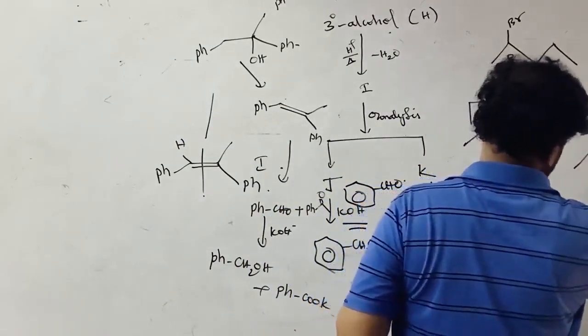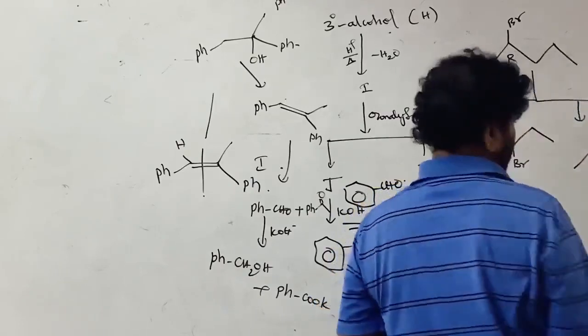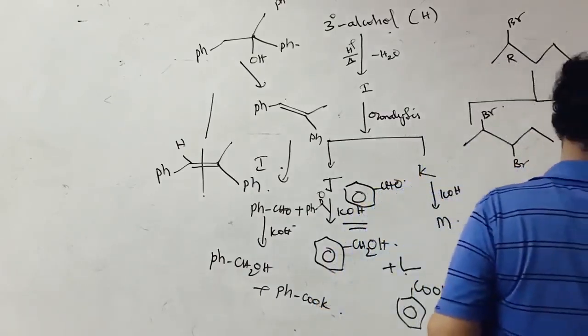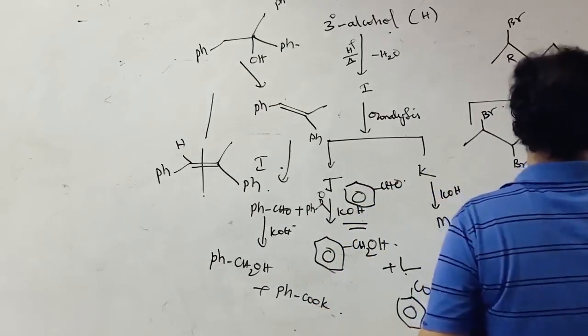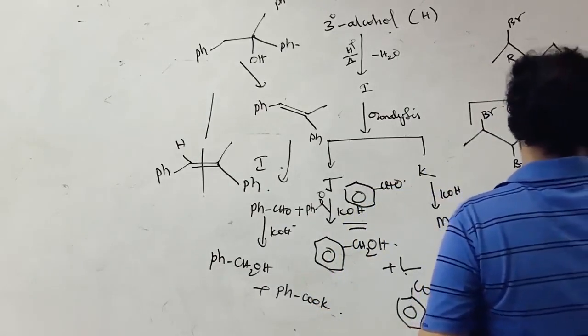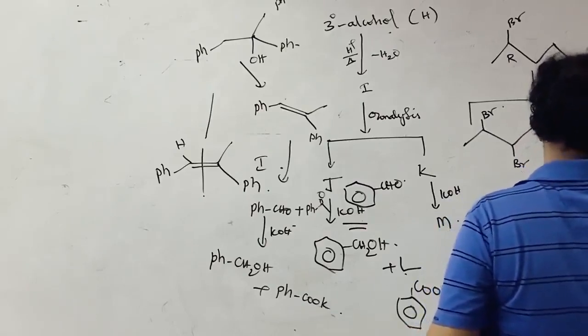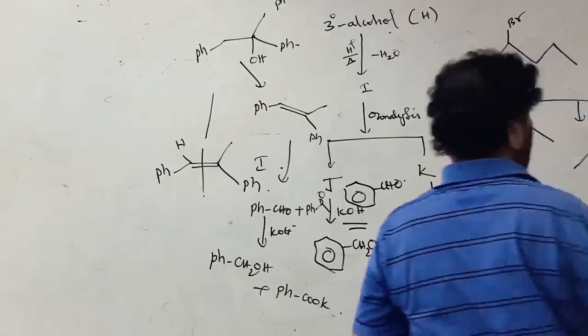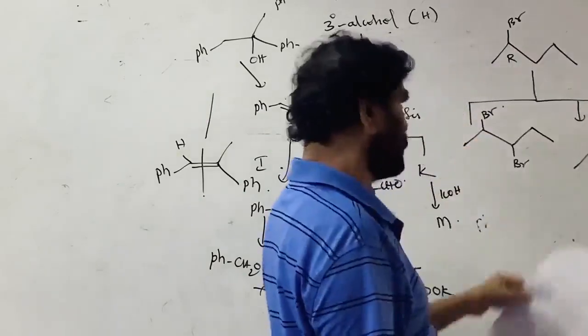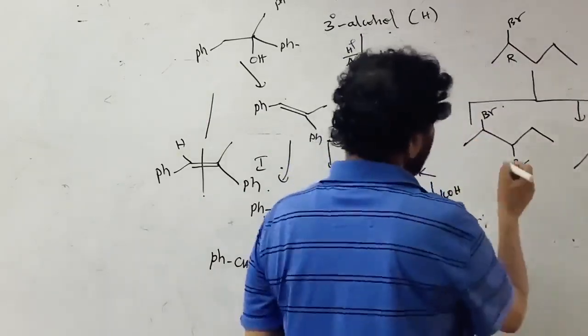Bromine can be here. Now bromine can be here, that is here. Original bromine too. This is bromine, original bromine. Bromine can be there, and bromine can be here.